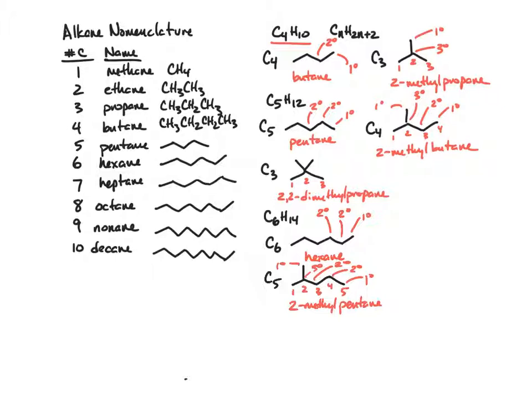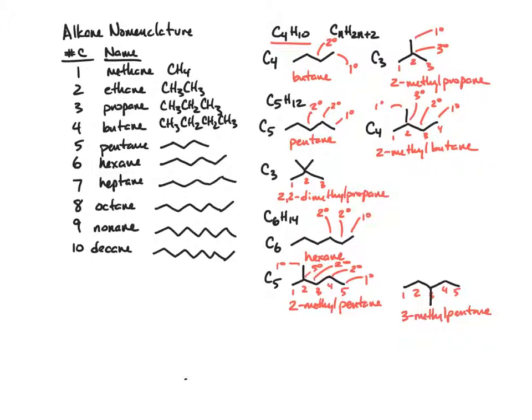So for that compound, we put the methyl group at C2. What about moving it to C3? We can do that as well. We put the methyl group at 3. We've now made another compound, 3-methylpentane.